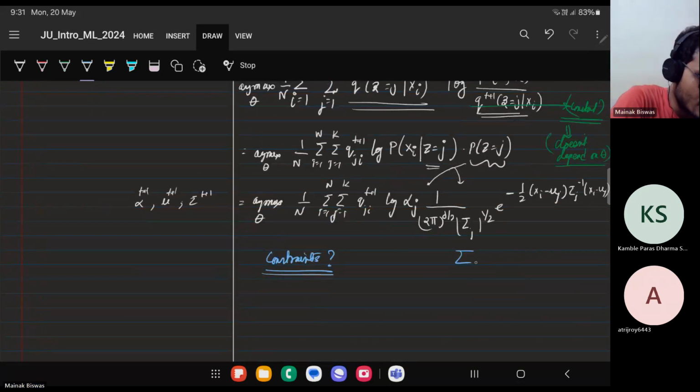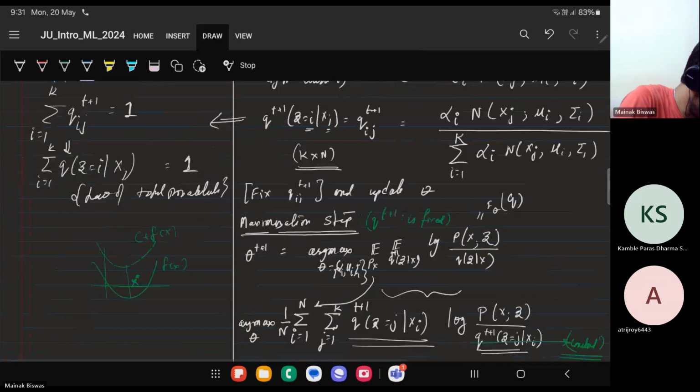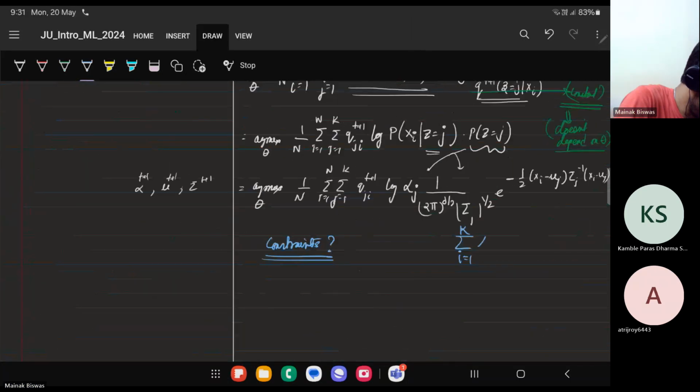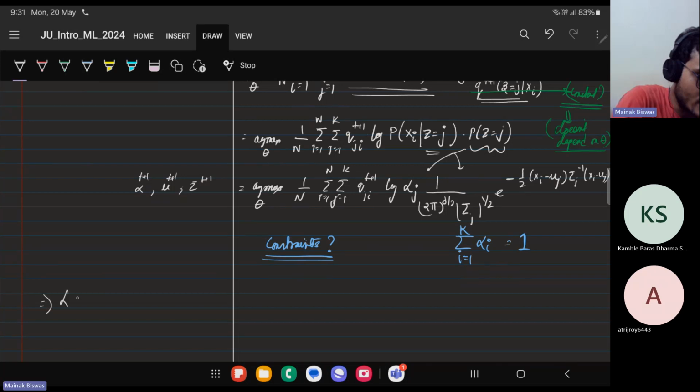So, with respect to mu, alpha, sigma, tell me what is the Lagrangian?